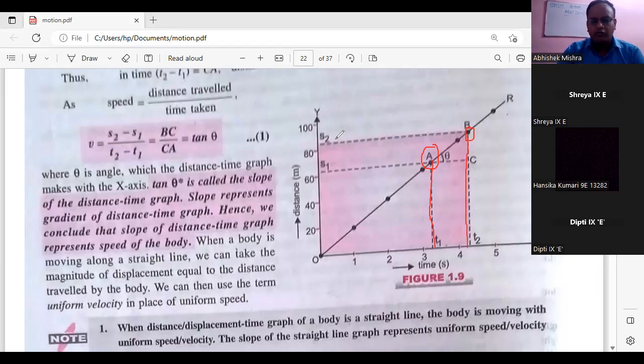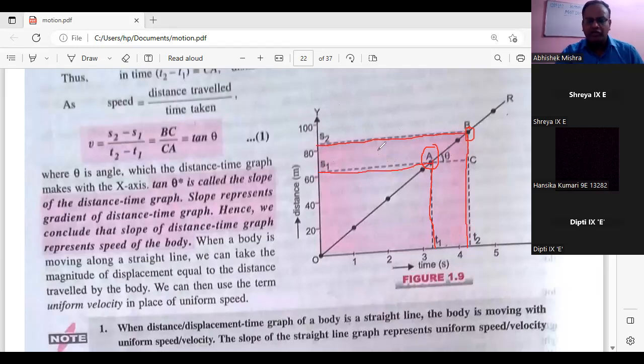Now, from the point B, we will draw a straight line parallel to the x-axis, which meets over here. And from the point A, we will draw a straight line parallel to the x-axis, which will meet over here.